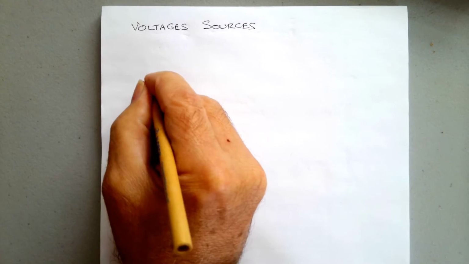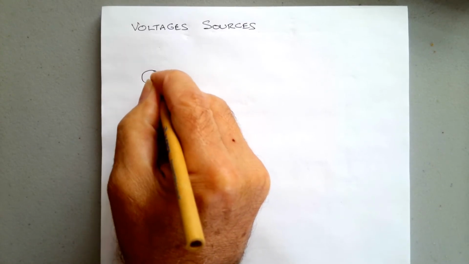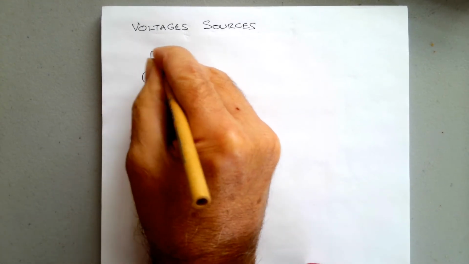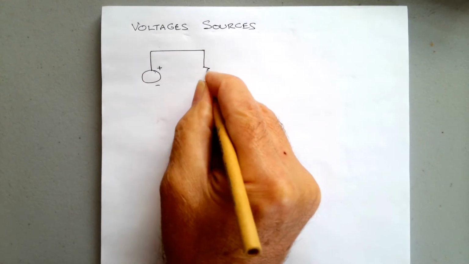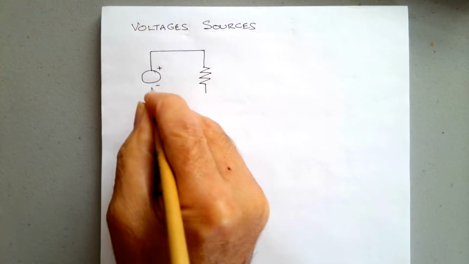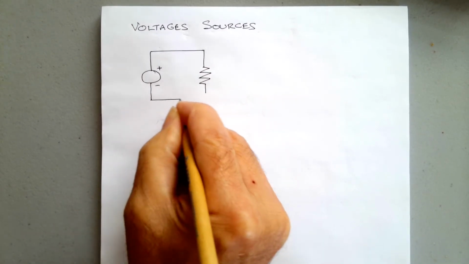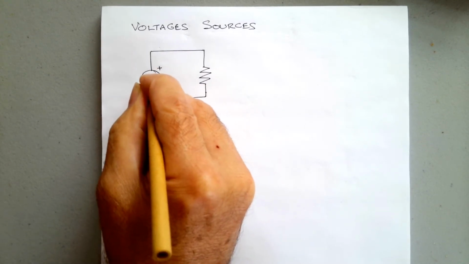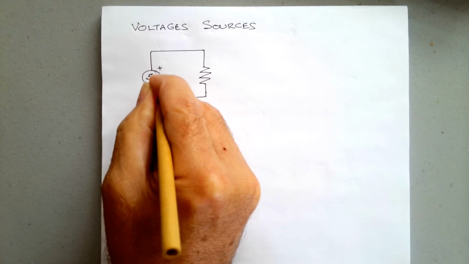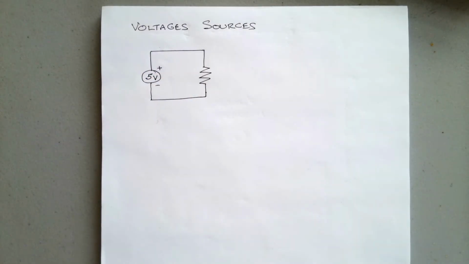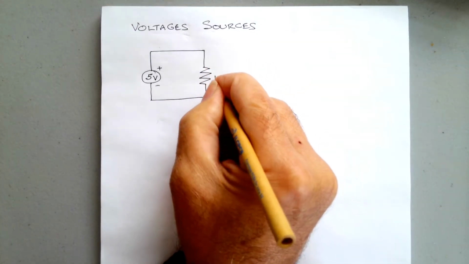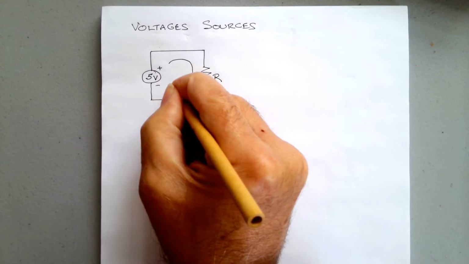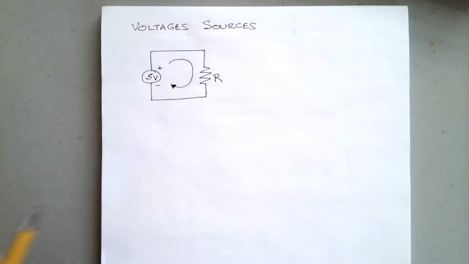So, in a true voltage source, as we draw it, we'll connect it to a resistor here. And let's say this is a 5-volt DC voltage source. Now, based on what R is here, we're going to get a current that flows around our loop here.